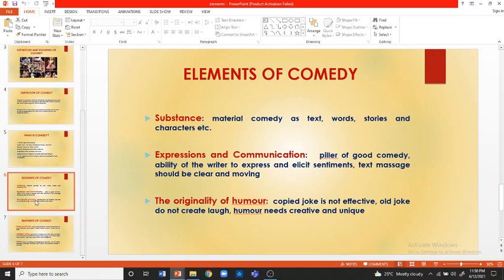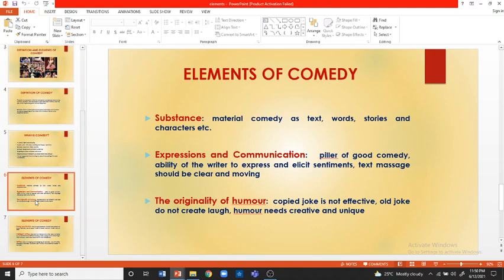Our third element is originality of humor. You know that if a writer copies someone's joke, it is not so effective, because we have no interest in listening to old jokes or learning old jokes. Old jokes do not get new laughs.